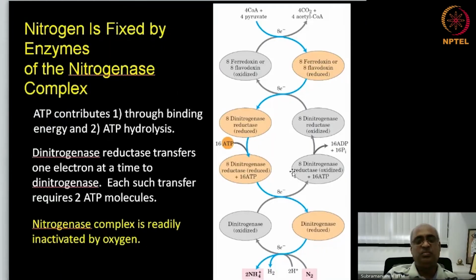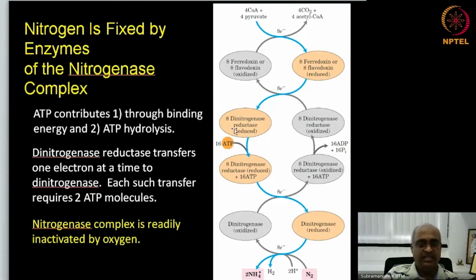This shows the pathway of electrons. Essentially from a donor, and the donors vary; in this particular example, from a particular bacteria, it is pyruvate. Pyruvate is the donor of the electrons. The electrons are first transferred to the ferredoxin. From the oxidized ferredoxin, this dinitrogenase reductase takes up the electrons and becomes reduced.